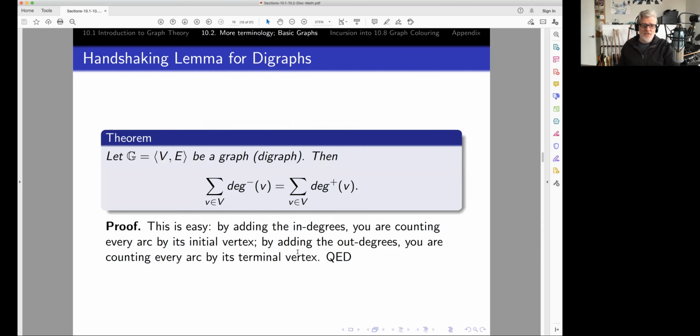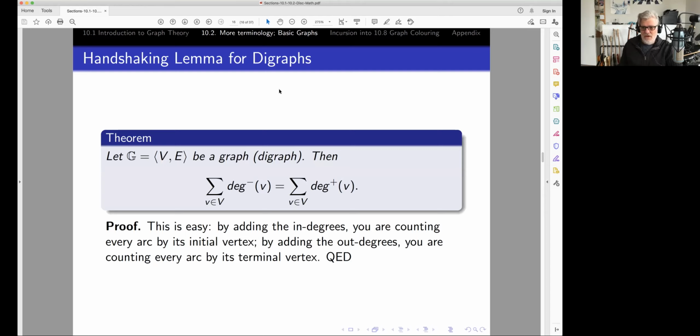So here's the handshaking lemma for digraphs, which in fact is even easier than for the undirected case. If you add up all the in degrees in the digraph, then you get the same as if you added up all the out degrees in the digraph.